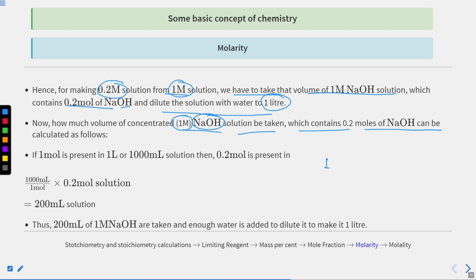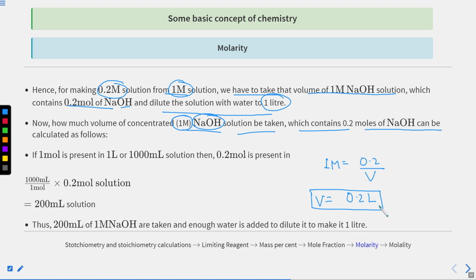So we are given a 1 molar solution, and we have to get 0.2 mole. For that, how much volume would be required? Volume is equal to 0.2 by 1, so 0.2 liter of solution will contain 0.2 moles of NaOH.